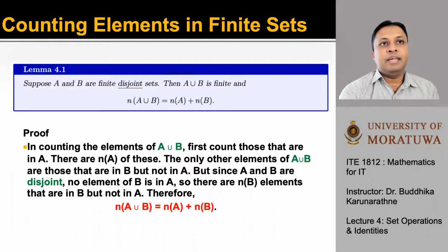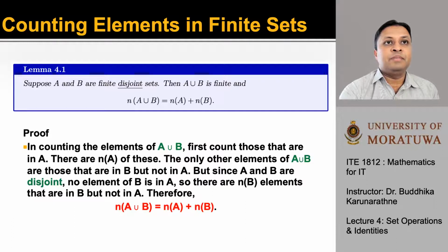In counting the elements of A union B, first count those that are in A. There are n(A) elements in A. The only other elements of A union B are those that are in B but not in A. But we know that these two sets are disjoint, so we don't have common elements.